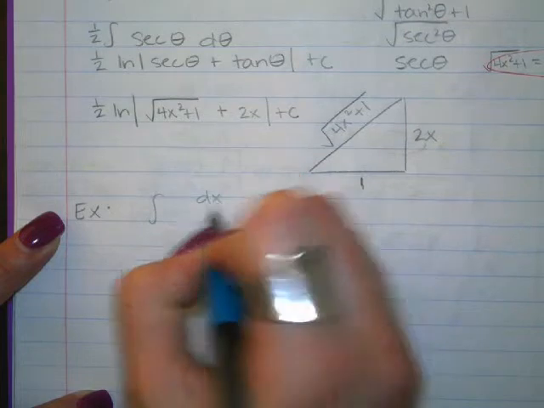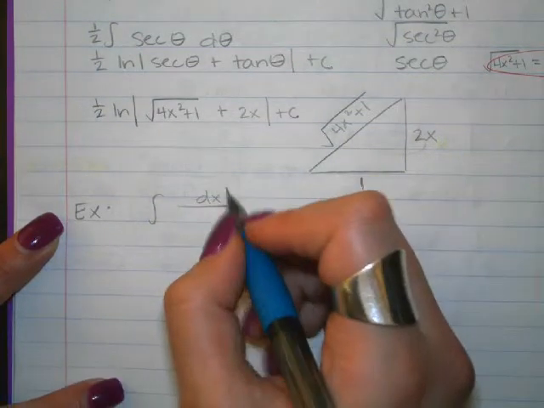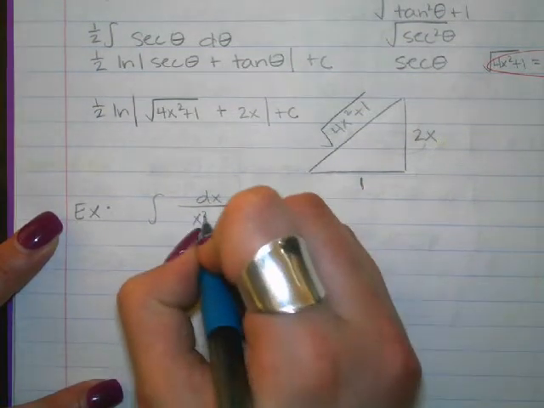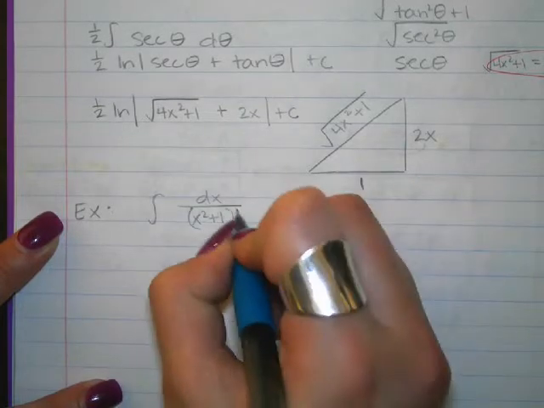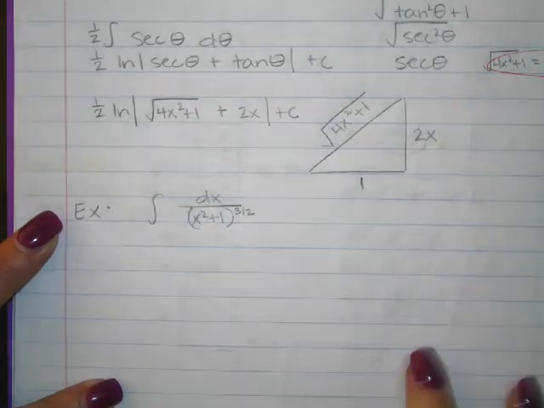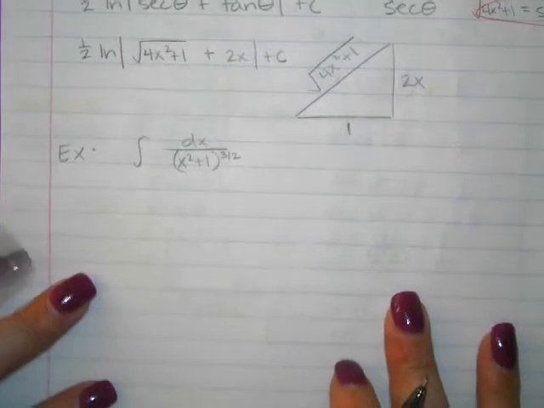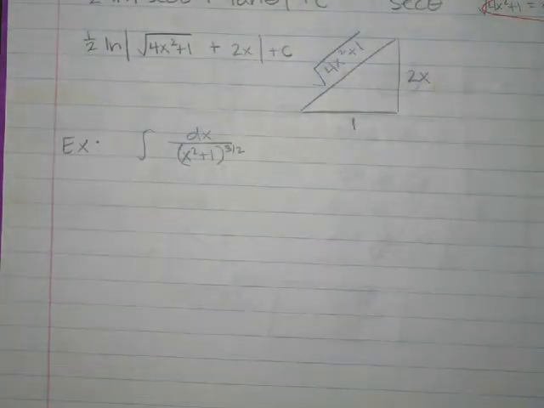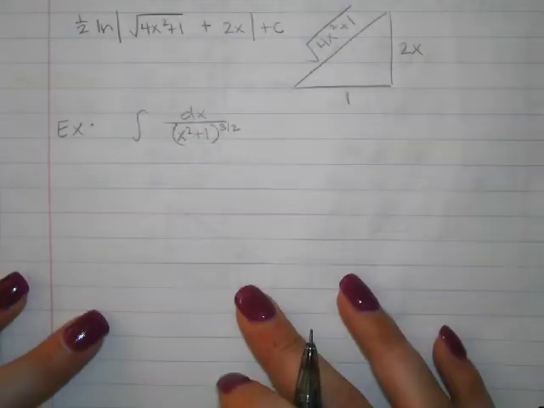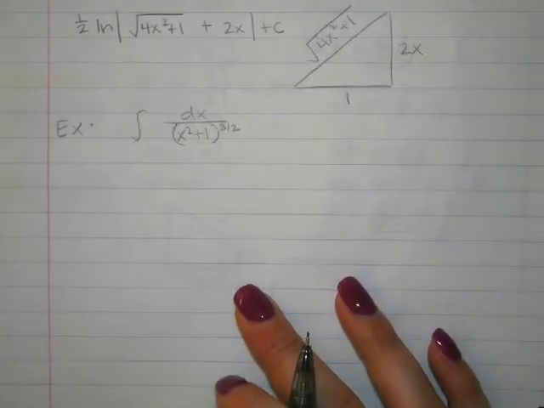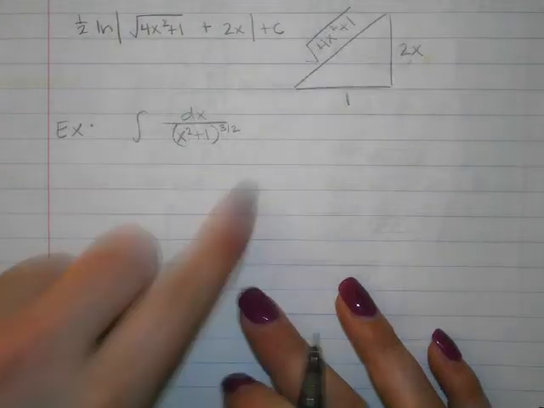All right, we've got dx over x squared plus 1 to the 3/2. What does 3/2 mean? It's a square root, but it's been cubed. Okay.